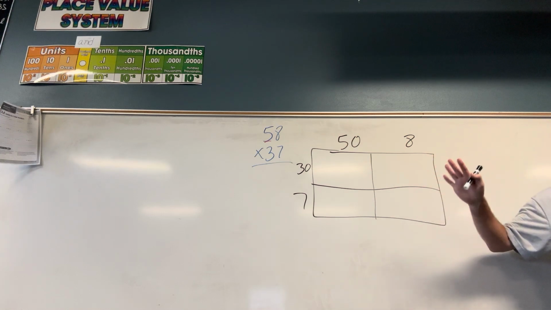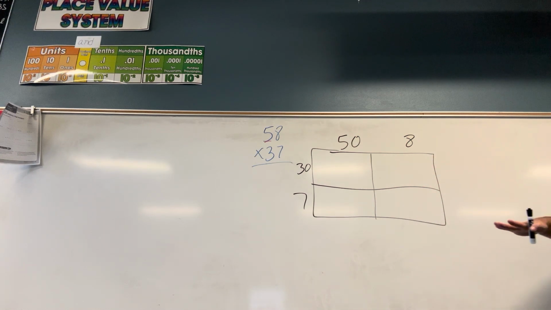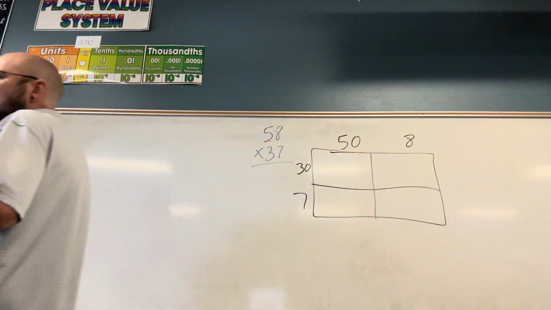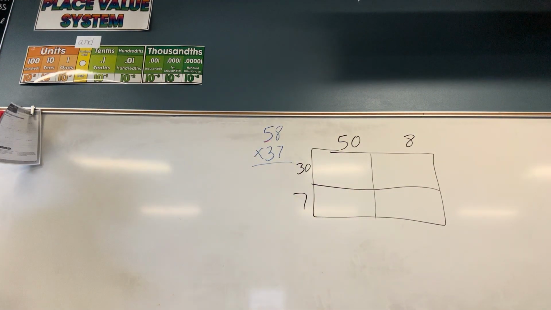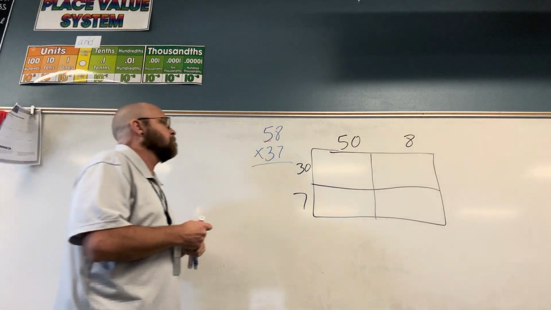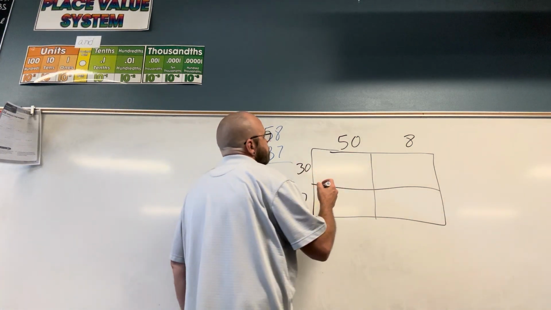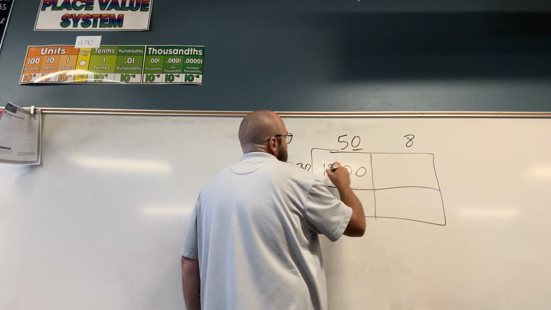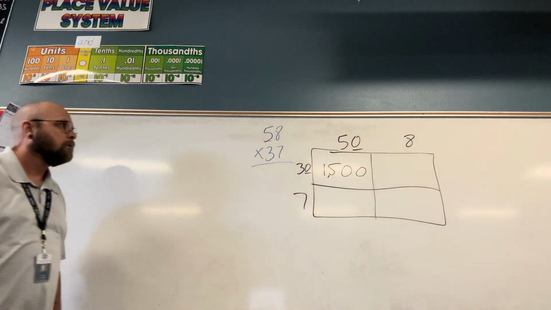This is like we did in our number talks, where we had the zeros, which make our lives easy. So what's 3 times 5? 15. 1,500.